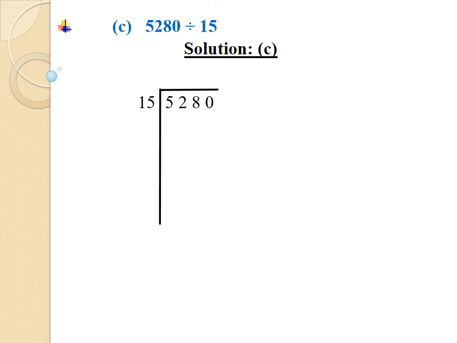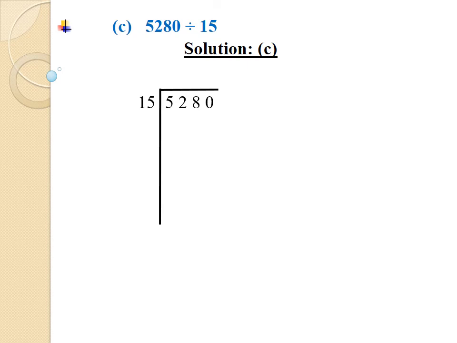Now we have to say table of 15 and we have to stop when we get the product more than 52. Students, we know that 15 threes are 45 and 15 fours are 60.